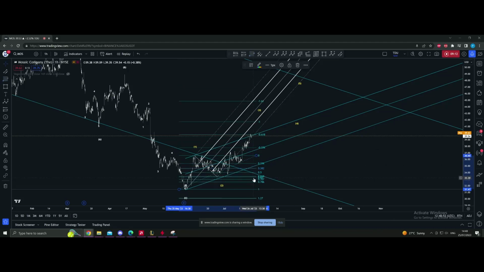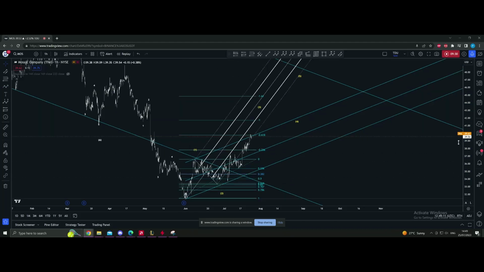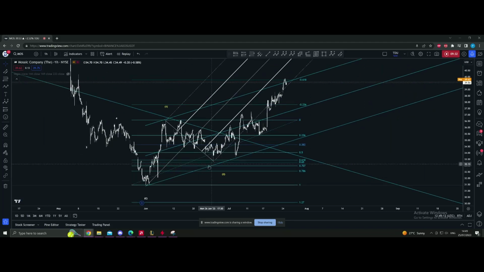Yeah, so golden zone 0.618, 0.65, 80% odds that we hit the median line. We can hit it there, we can hit it there, but 80% after the reaction on the golden zone. So since we didn't lose this level, bulls are in a slight advantage.